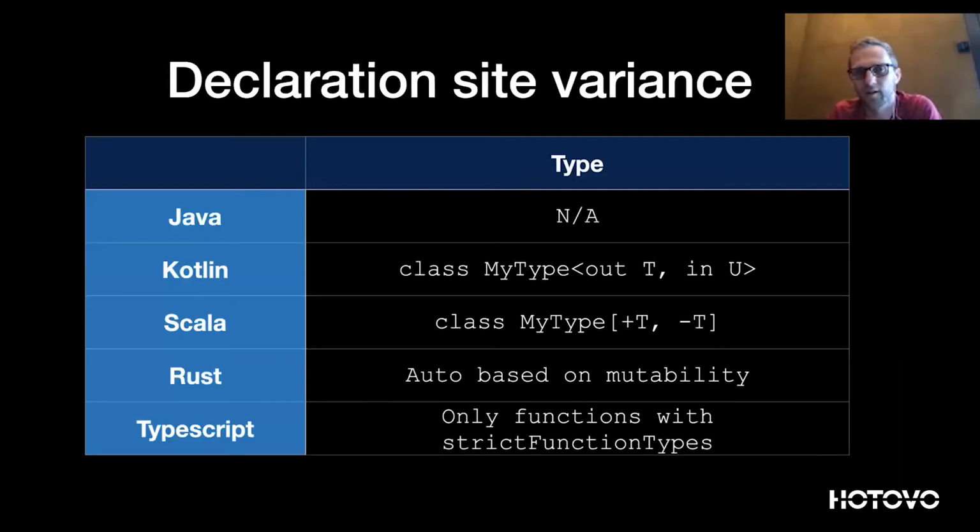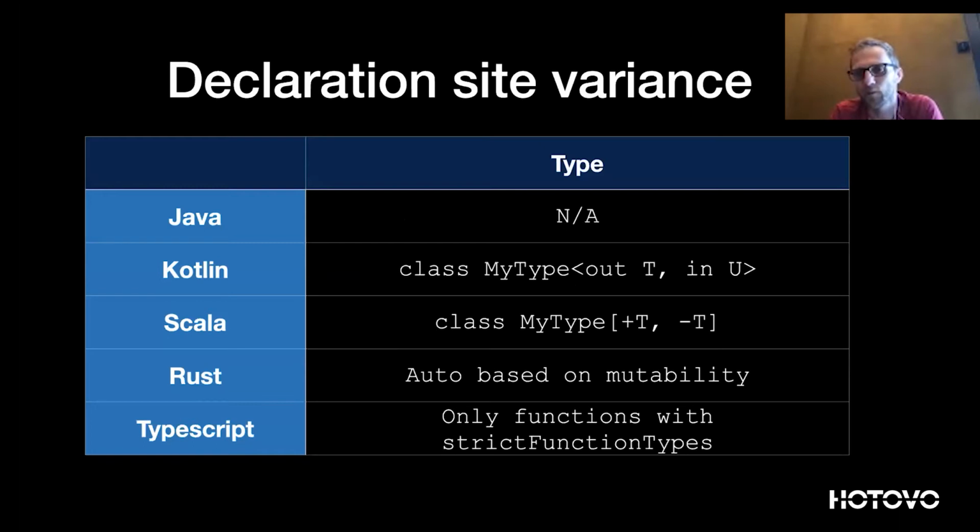Now, how do these languages implement declaration site variance? As I showed you, there's no declaration site variance for Java. Kotlin has it. It has special keywords, out and in.